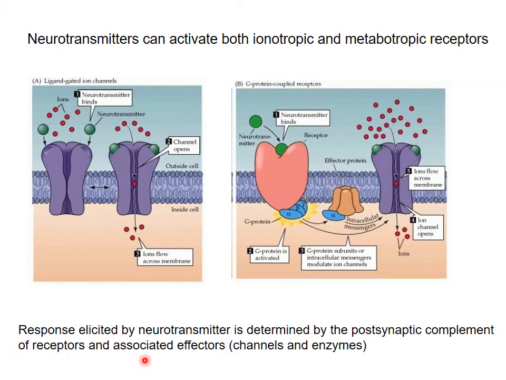The response elicited by the neurotransmitter will be determined by this complement of receptors expressed in postsynaptic cells, and also by the associated factors expressed in these cells, which enzyme and which channel are going to be affected by the activation of these receptors.